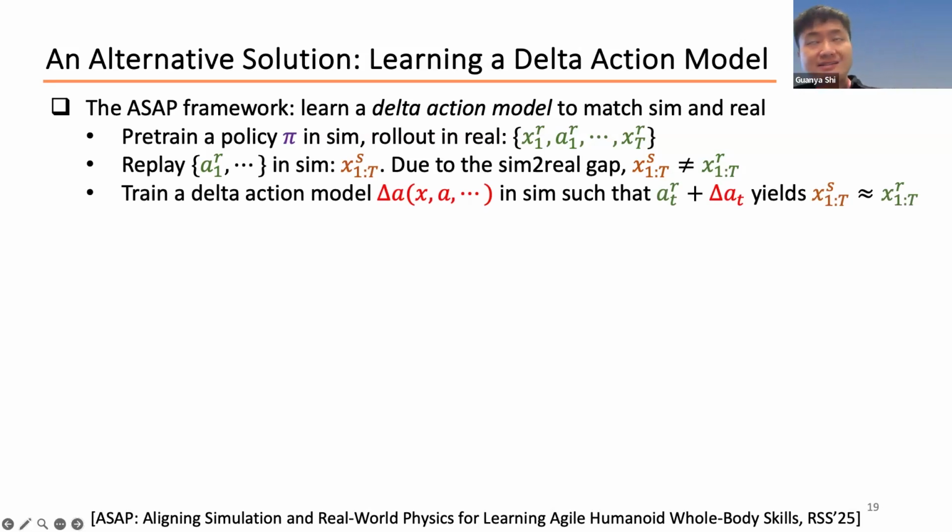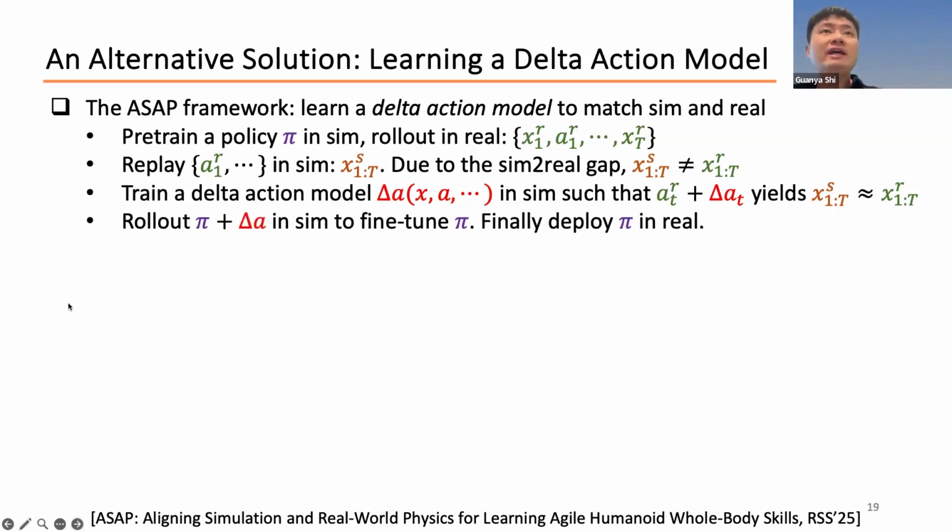Delta A is a neural network. So once we learn delta A, you can imagine that deploying pi plus delta A in simulation is very close to pi in the real world. So we freeze delta A when we fine-tune pi in the simulator, and finally we deploy pi only in the real world.